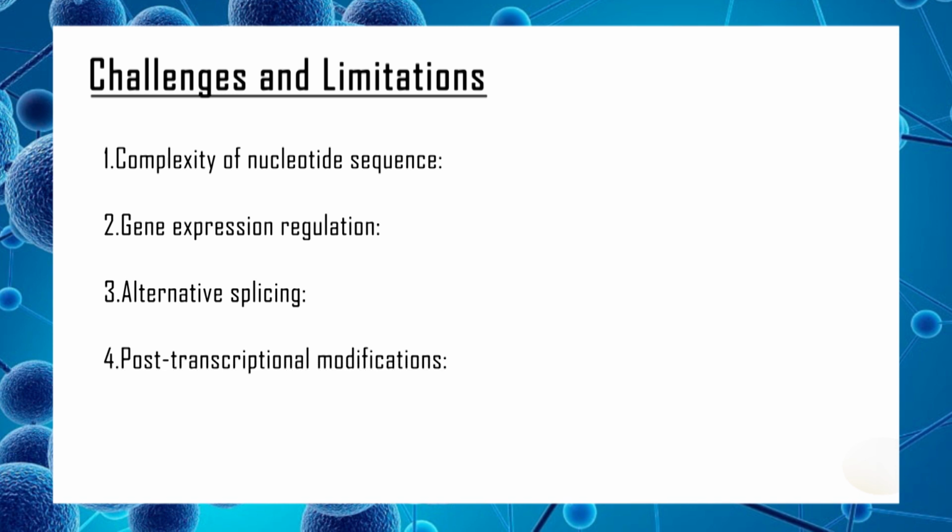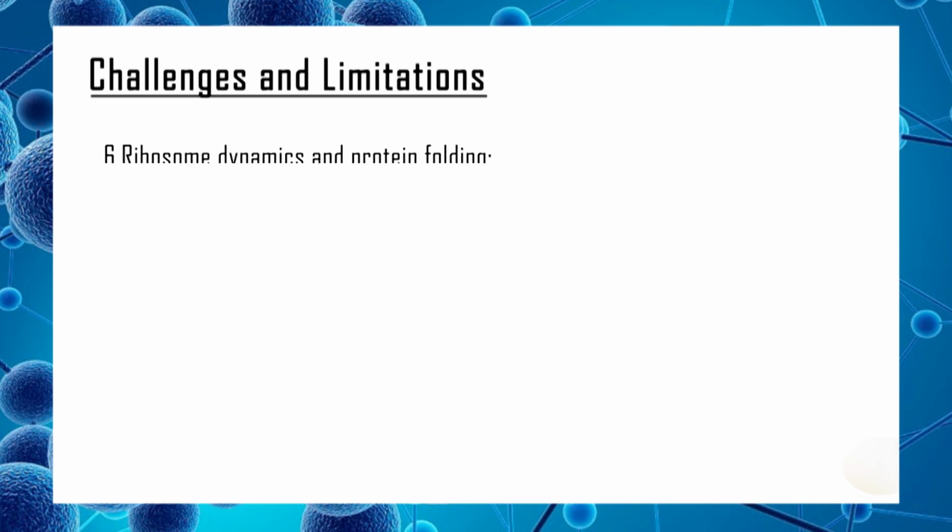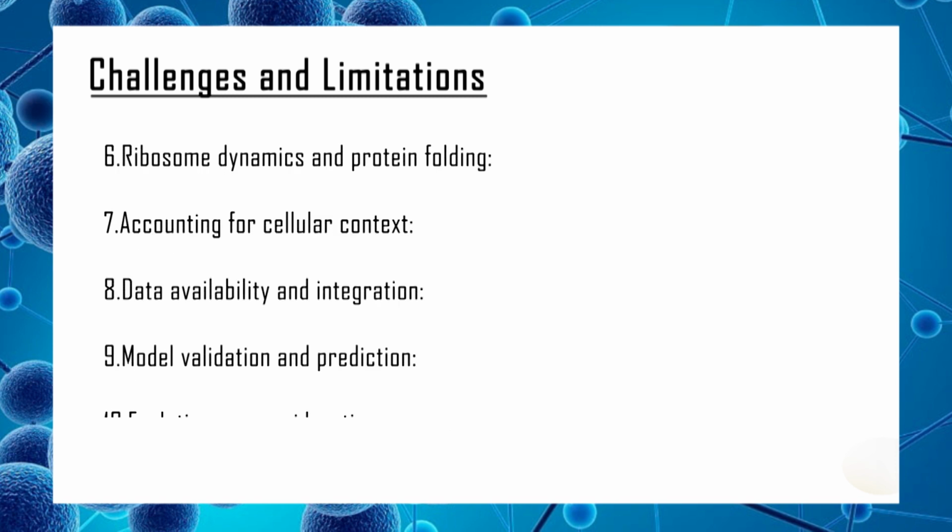The various challenges and limitations are: first, complexity of nucleotide sequence; second, gene expression regulation; third, alternative splicing; fourth, post transcriptional modifications; fifth, gene regulation by non coding RNA; sixth, ribosome dynamics and protein folding; seventh, accounting for cellular context; eighth, data availability and integration; ninth, model validation and prediction; and 10th, evolutionary consideration.